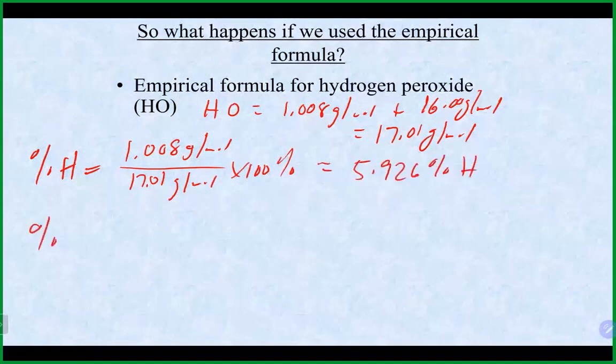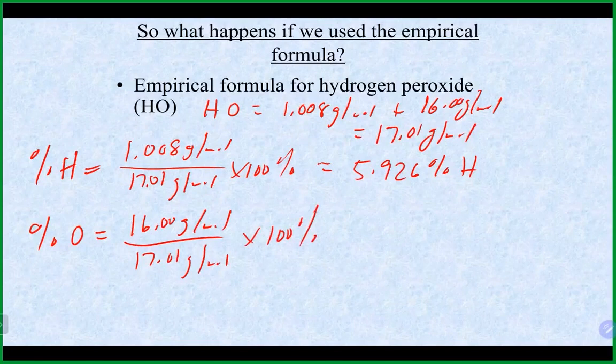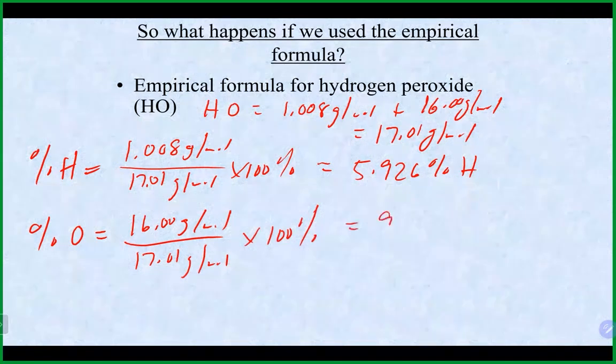And we'll do the same thing here with oxygen. In this case, just 1 oxygen, 16 grams per mole, over 17.01 grams per mole times 100%. And 16 divided by 17.01 times 100 gives 94.06% oxygen. So we can clearly see in this case that it is majority made up of oxygen.